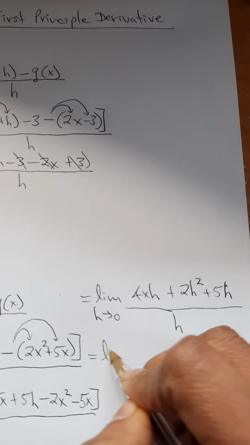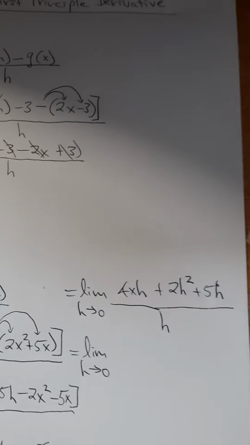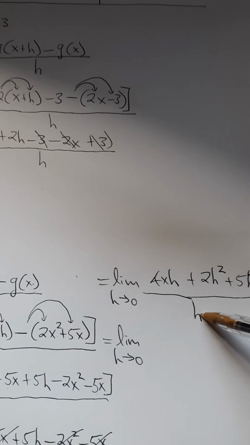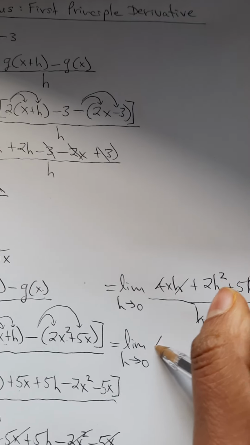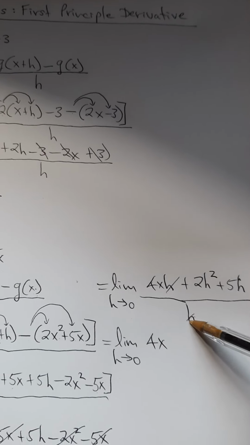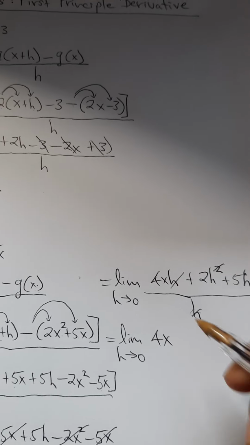So let's do the limit as h approaches 0. What you're doing here is 4xh, and we're dividing it by h here. So this cancels out. Does everyone see that? I'm left with 4x. Then this is 2h squared over h, so the h cancels out with just one of the h's.